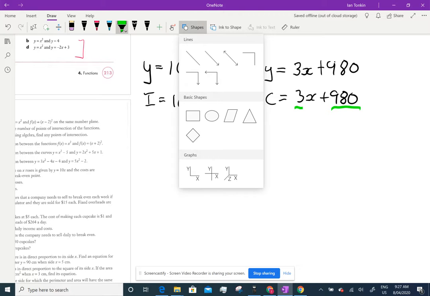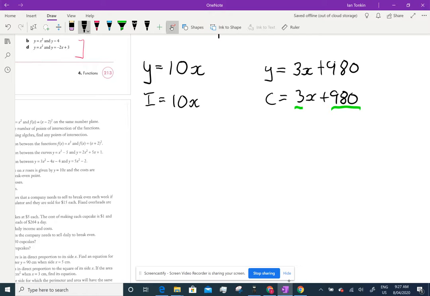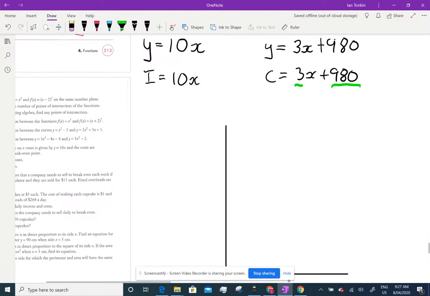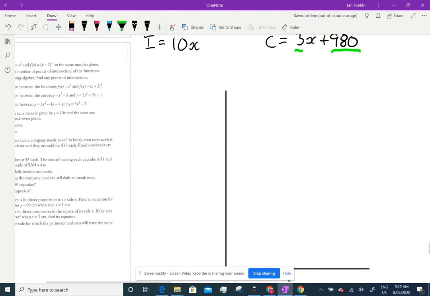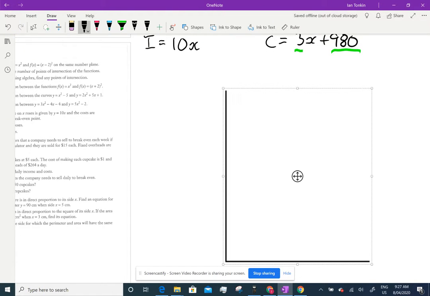Let's now draw, hold on. Let's get myself an axis, and this time we only want the positive.